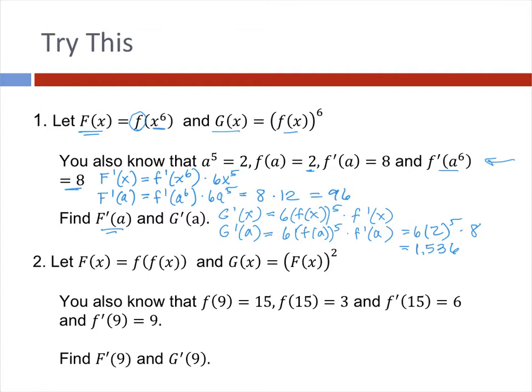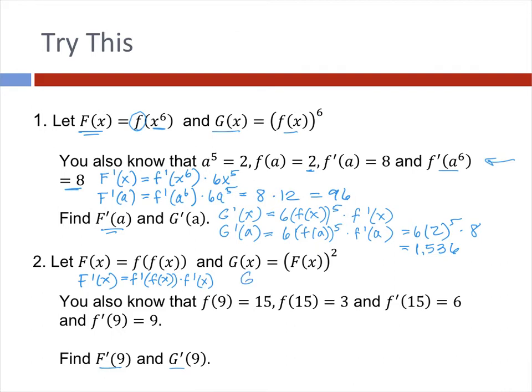In the next one, we want to find F prime of 9 and g prime of 9. So I'm going to go ahead and find the derivatives up top so I save some room. So F prime of x, again, we have a composite function. You take the derivative of the outside and you leave the inside alone. And then you take the derivative of the inside, so multiply by f prime of x.